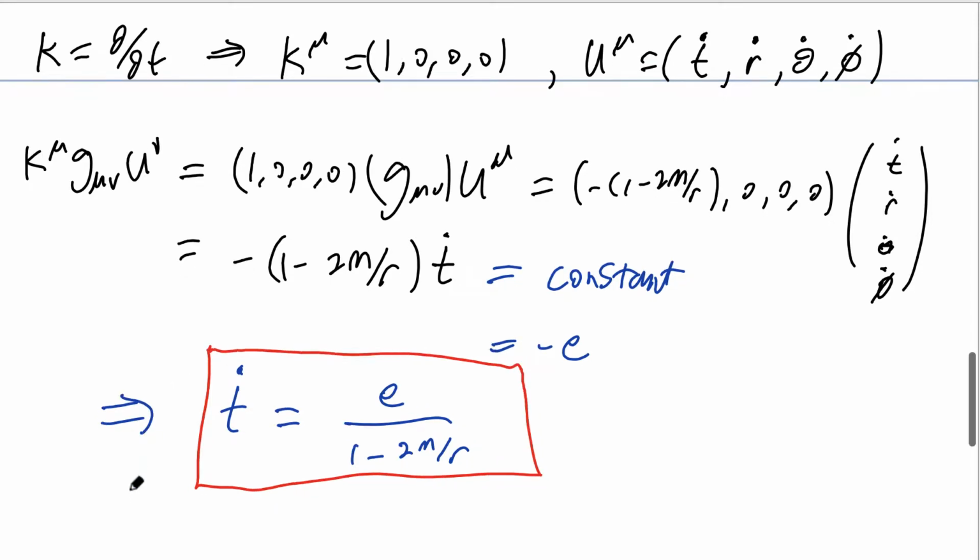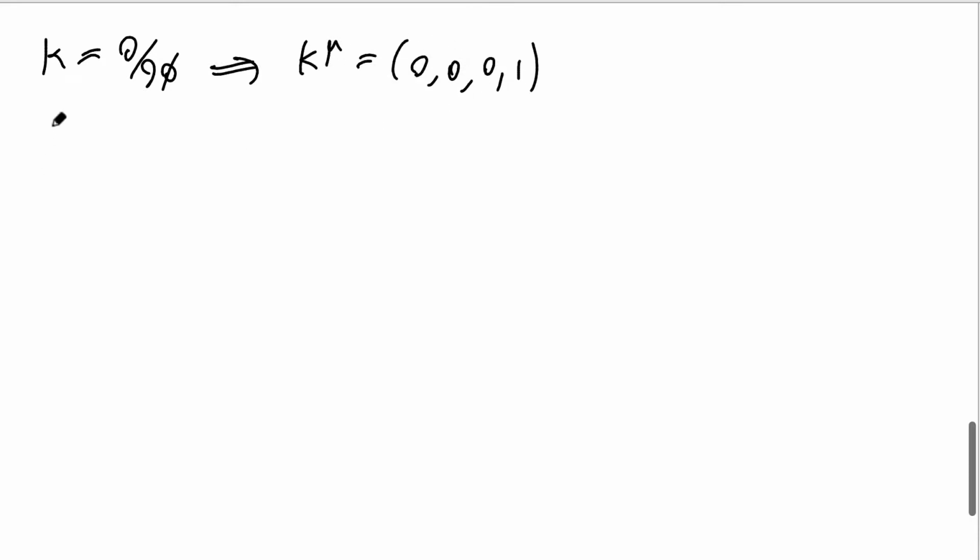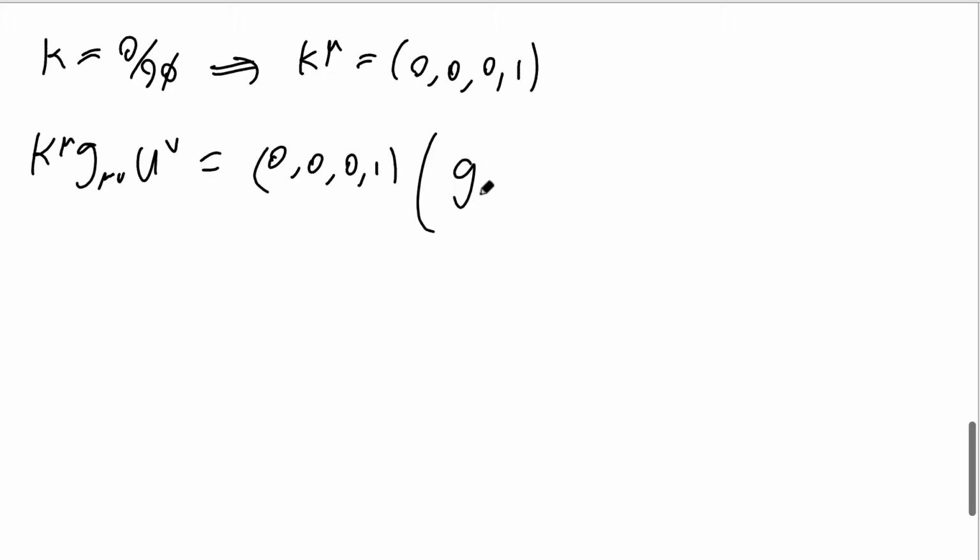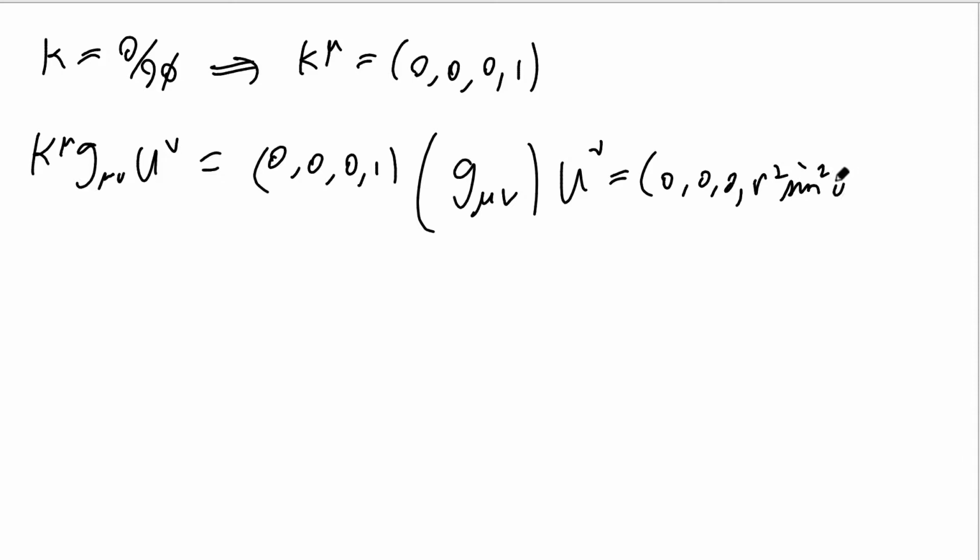Now let's examine the Killing vector field ∂/∂φ. So k is ∂/∂φ. That's the vector with components 0, 0, 0, 1. And the inner product between k and the four-velocity u is 0, 0, 0, 1, multiplying the components of the metric and the components of u. These first two factors give 0, 0, 0, r² sin²θ.